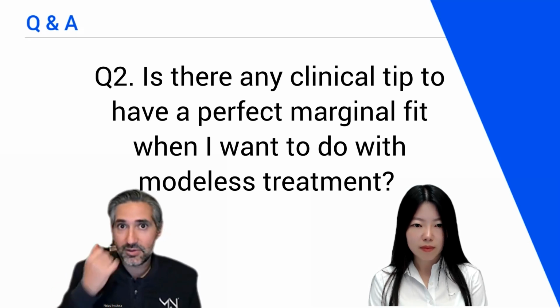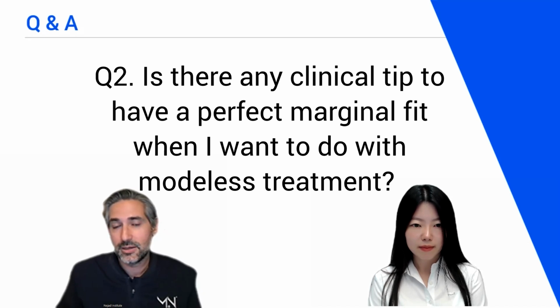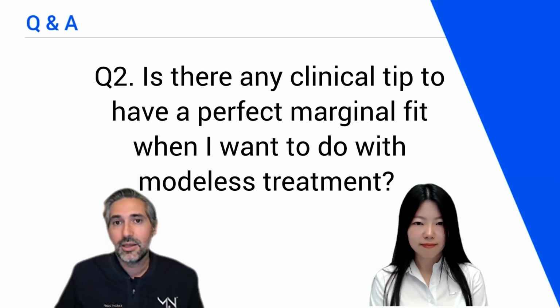I don't have any absolute tips for that because it all comes down to the quality of your scan and how much time you spend in the design and finishing. But you have to make sure you get calibrated with your proximal contacts and occlusion. Sometimes the software might say that you have a good contact, but I've noticed that depending on what material I'm printing with, I might want a lighter contact or a heavier contact, depending on how much I'm going to glaze the restoration.